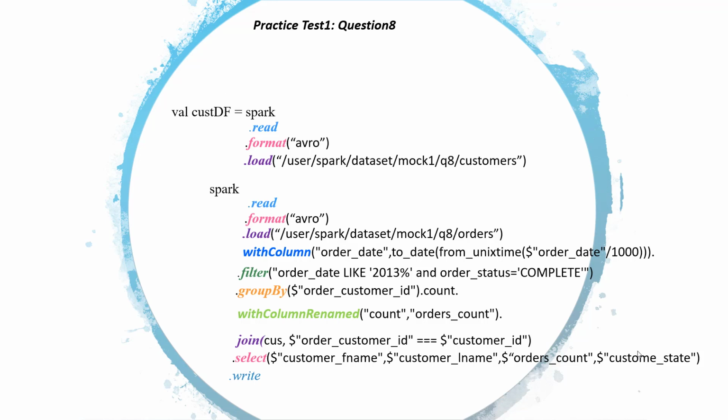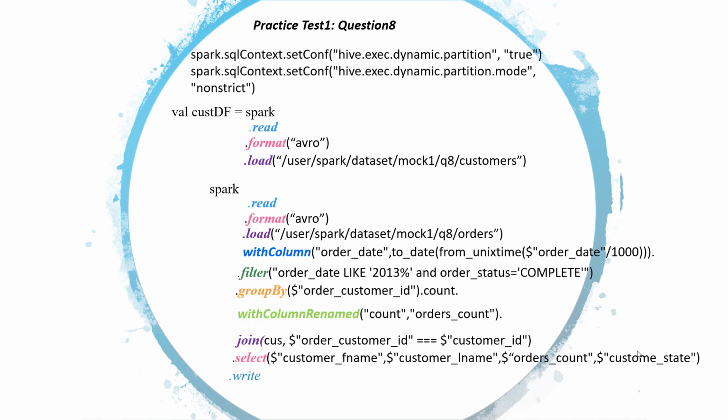But remember one thing, to write in the Hive table using the partitioning, there are 2 properties that should be set to true, and by default they are set to true in the exam as well, but I will recommend you check those properties before running your Hive solution, because sometimes if those properties are not set properly, your solution may go wrong. So you can just set them in your Spark programs as well.